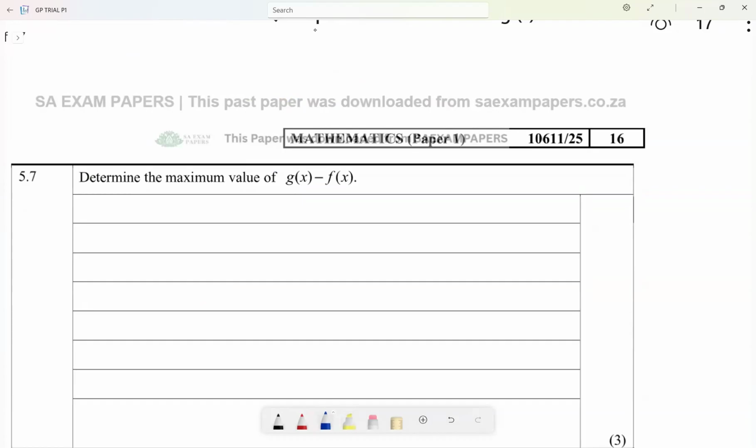Normally when they want the maximum value, what you do, let's say this is height. Let's call it distance, with respect to d.